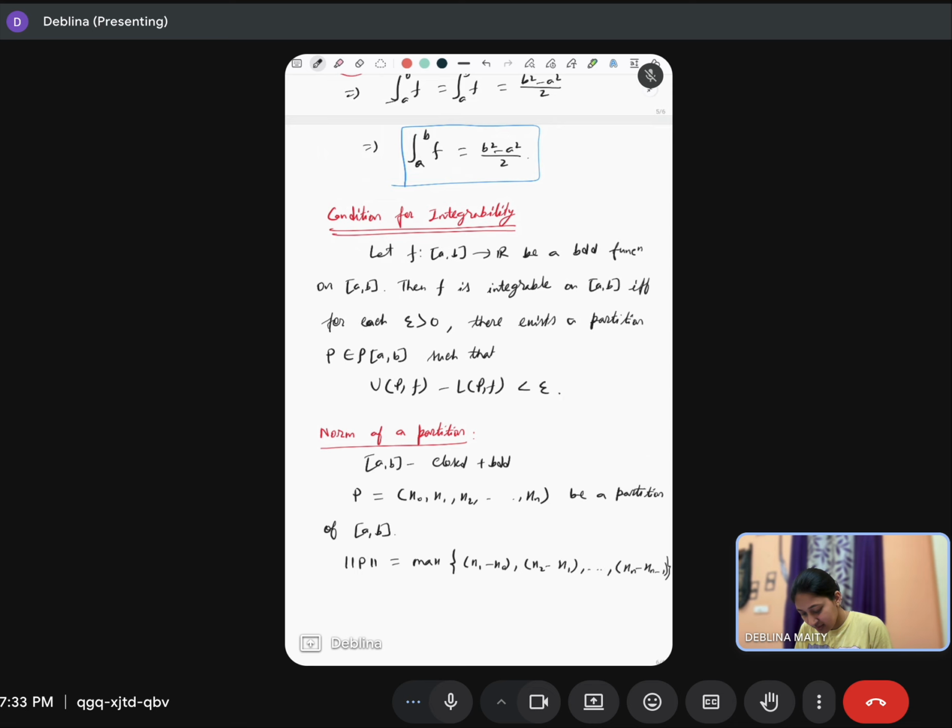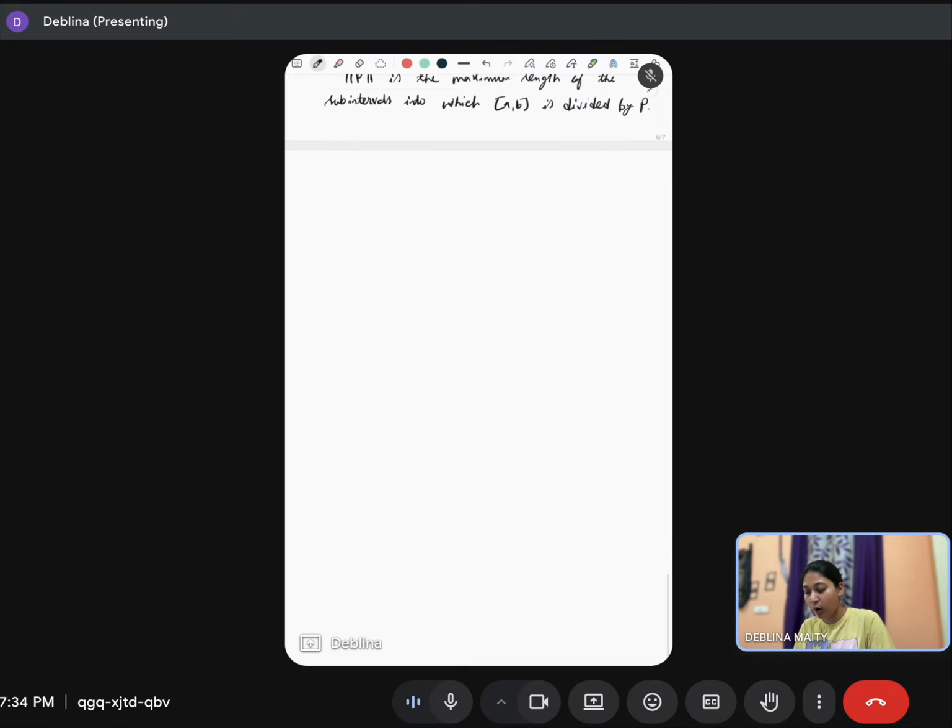So the norm of P means the maximum length of the subintervals into which this [a,b] is divided by P, right? This is the definition of the norm of a partition.